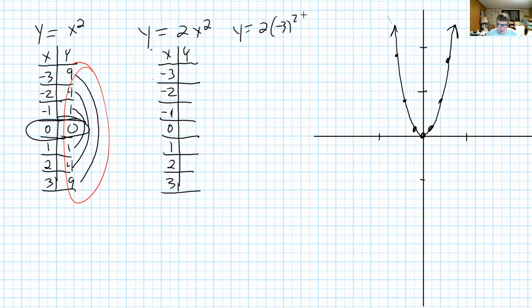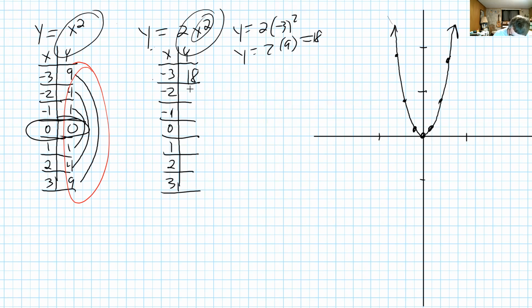Notice that the -3 squared, order of operations, we would do that first. So we square it and then multiply it by 2. So this becomes 18. So how does this compare to that? It's the same thing times 2. So this is going to be 8, 2, 0, 2, 8, and 18. Do you see how I did that? 2x squared is just x squared doubled.